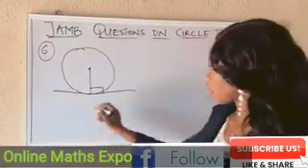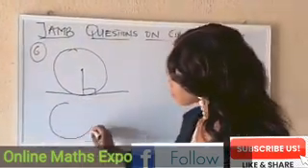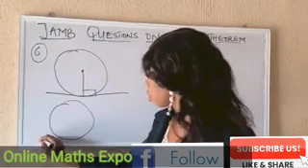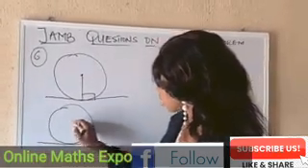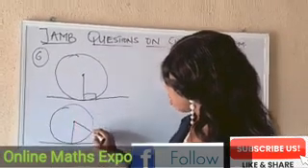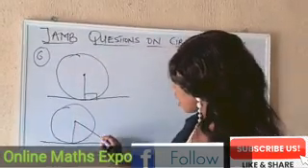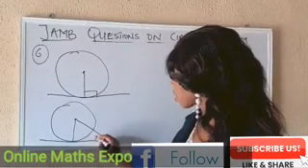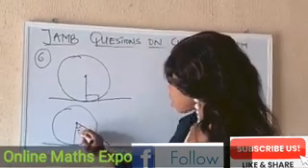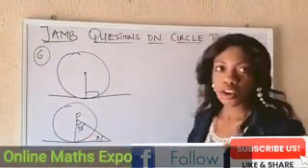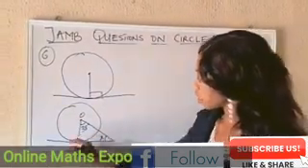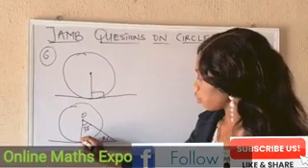Let's take one example on that. If this is our circle, this is the tangent, and this is the center, it makes angle 90. Maybe you may be given something like this, and you may be asked to find x if this angle here is 38 degrees. Remember, the tangent makes angle 90 with the radius.